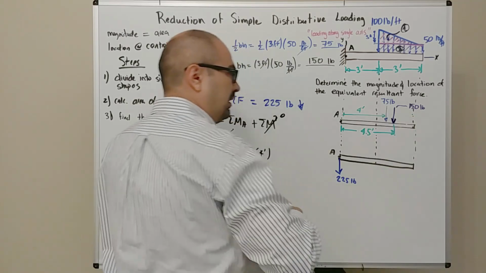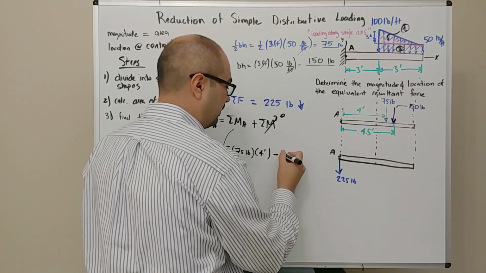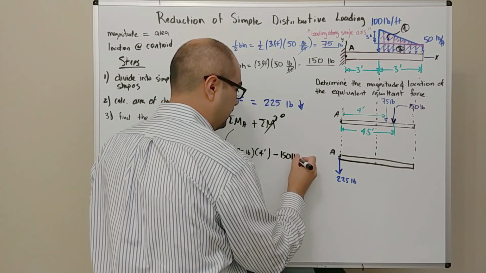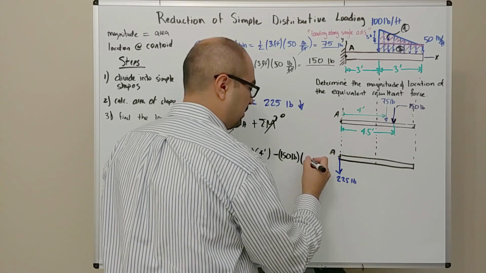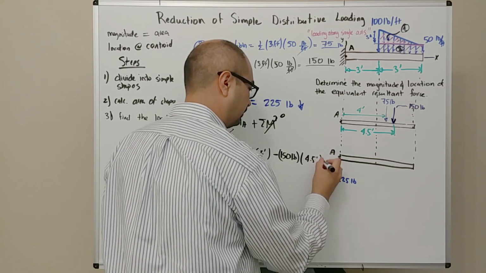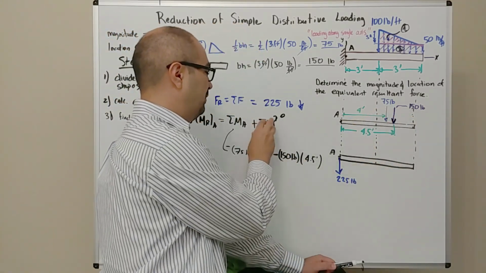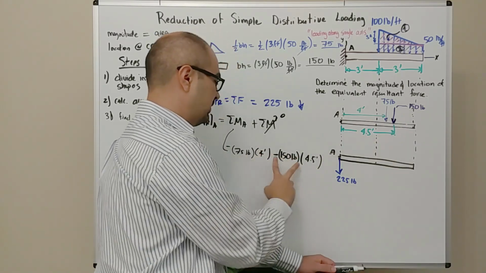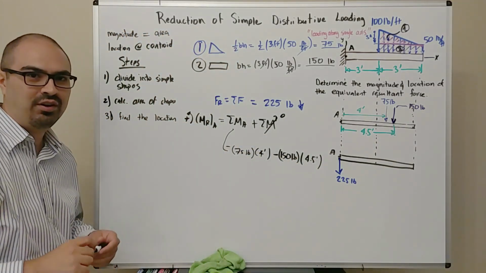The 150 is going to have the same direction, so it's also going to be negative. So minus the force, 150 pounds, times the distance to the 150, which is 4.5 feet. We have no other forces acting. Again, we have no couple moments, so the sum of these two moments is going to give us a resultant couple. Let's go ahead and calculate it.